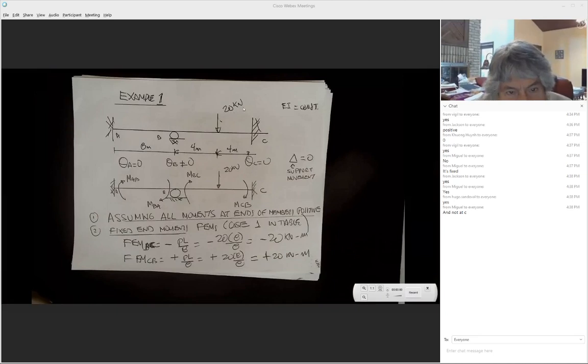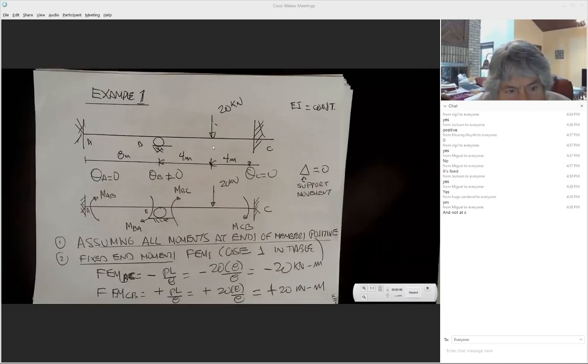Look, the load is 20, the span is 8. During the exams, I always find that people consider, look, this is the span L, it's 8 meters, and people put 4. Remember, 8 is the span.